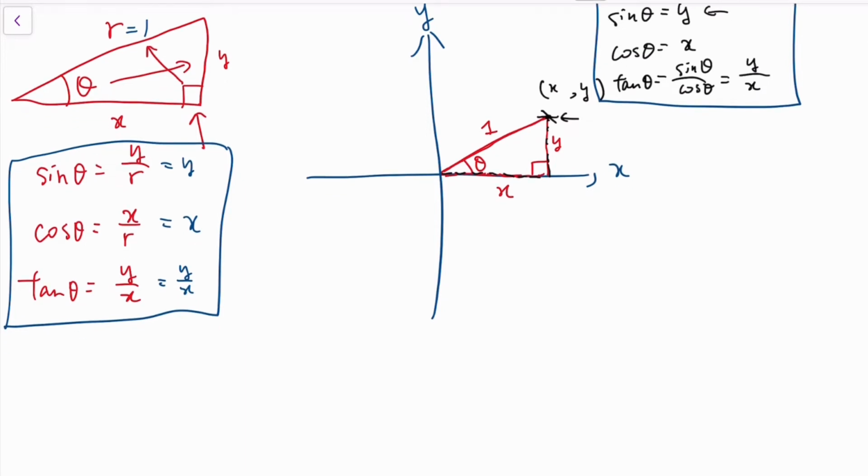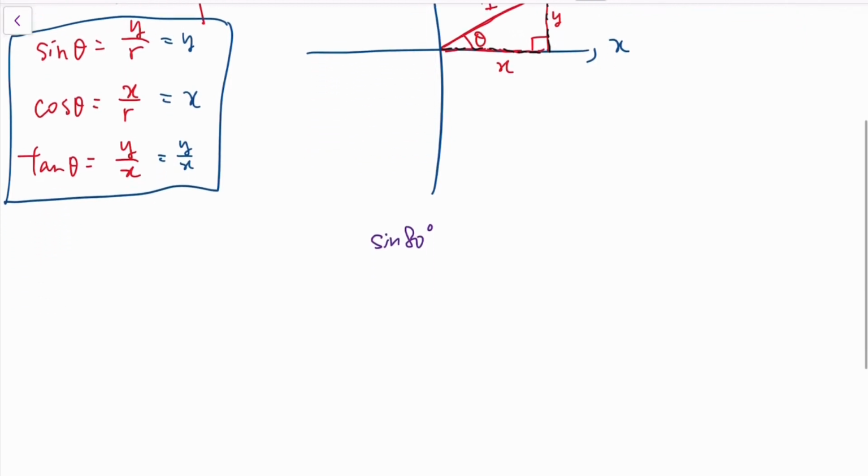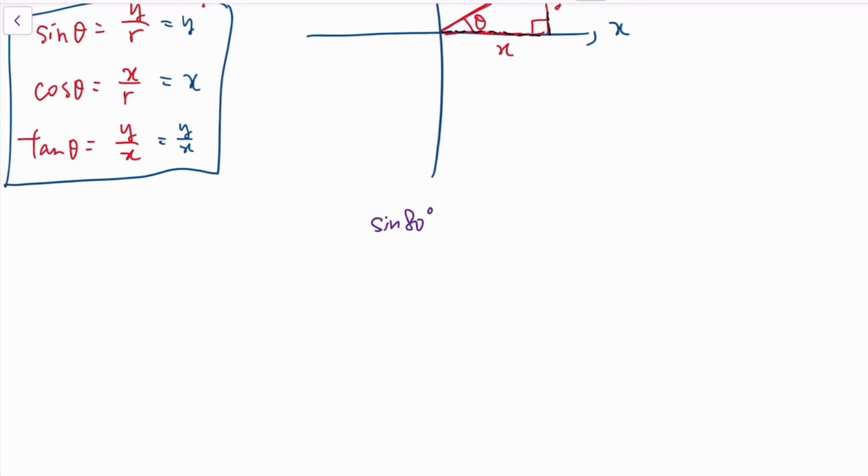Okay, now what does this really mean? So imagine I ask what is the value of sine 80. Then according to this new definition, this is technically what you should do. You should go to the xy coordinate plane and then find a line with length 1. So there's length 1.